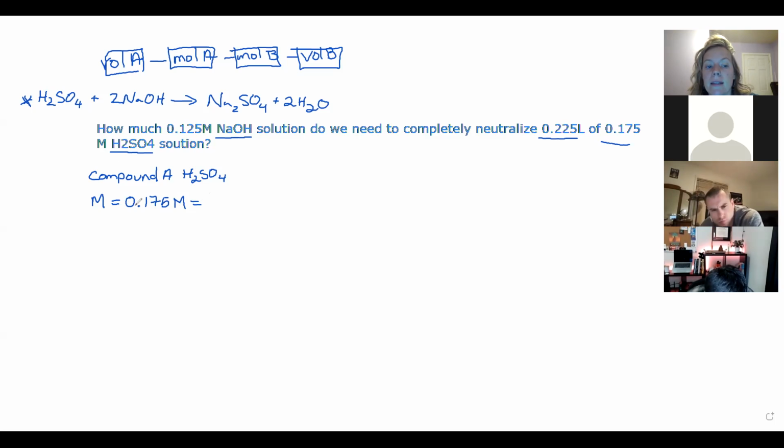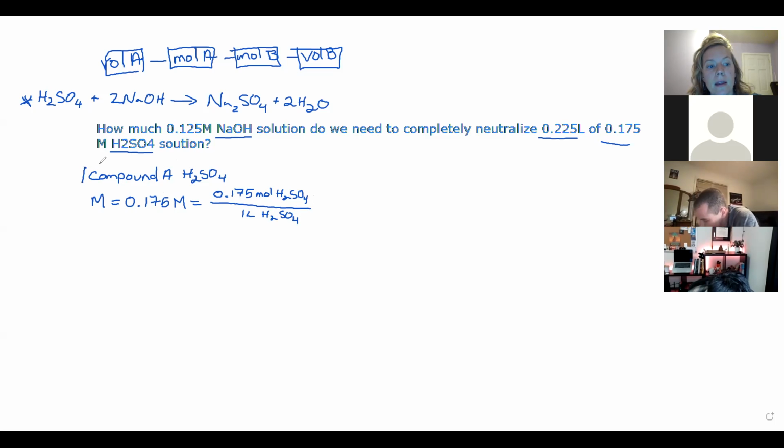So instead of 0.175 big M, I'm going to say it's 0.175 moles of the H2SO4 in every 1 liter of the H2SO4 solution. We did that earlier: we just took the number and stuck it up on the top with the mole. It's a mole per liter. So right off the bat, when you're doing solution stoichiometry, get your molarity into moles per liter.